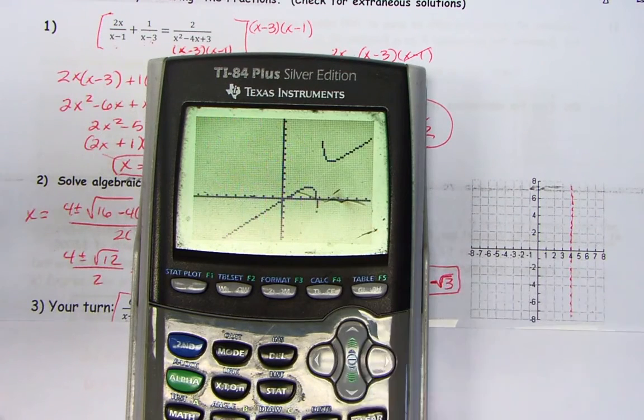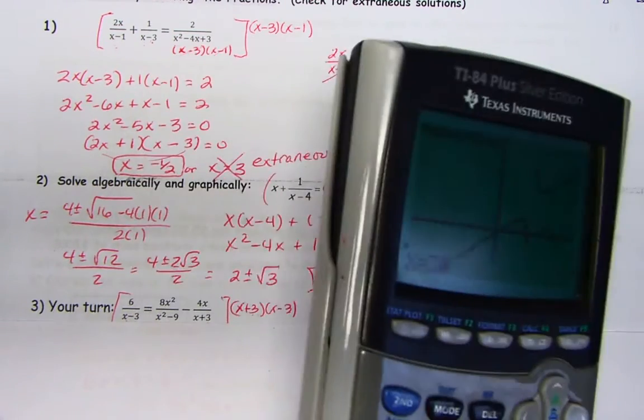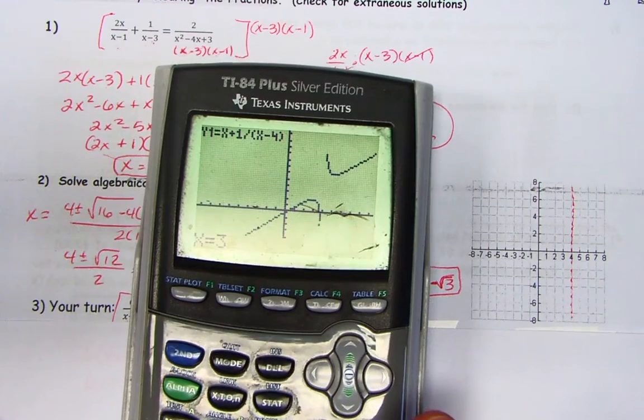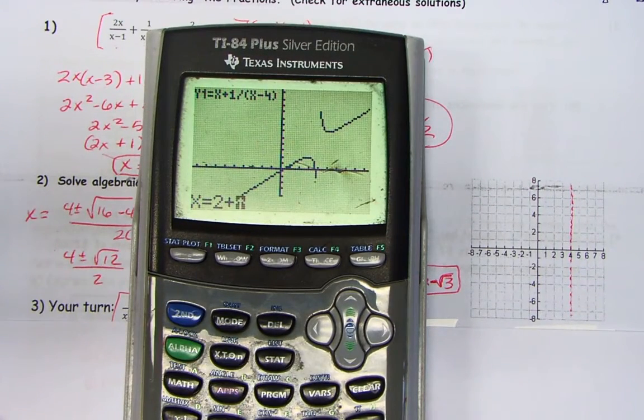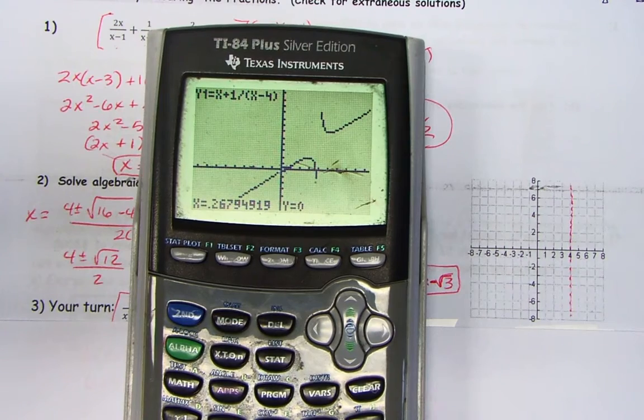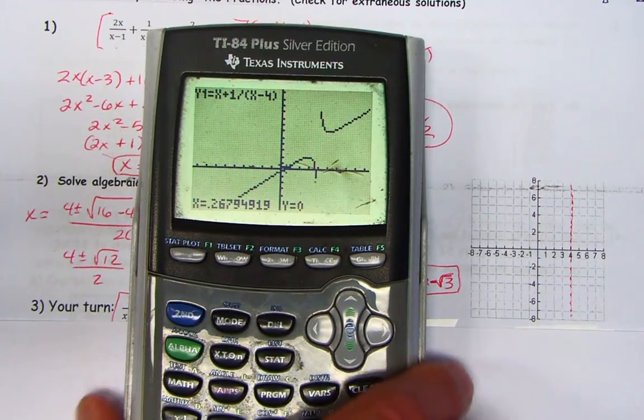In the graph, if I hit trace and I type in 2 plus radical 3 and hit enter, it shows me one of the zeros, and 2 minus radical 3, and it shows me the other zero. You could do a second calc to find those, but we already found them, so we just verified that they were the solutions.